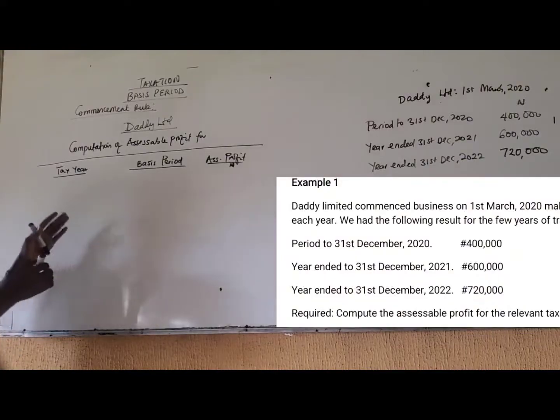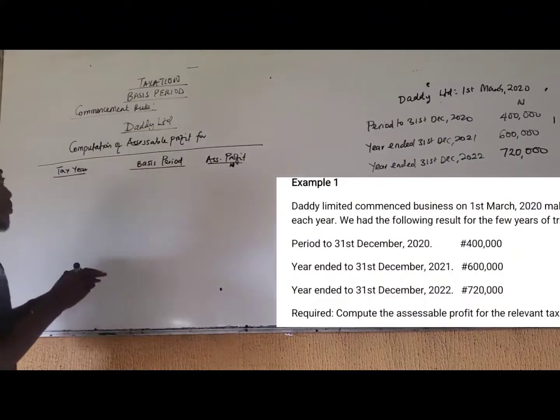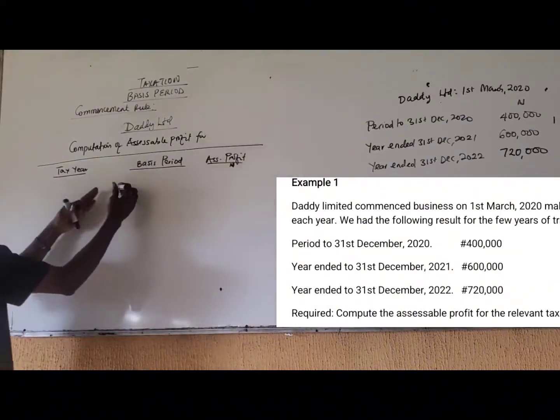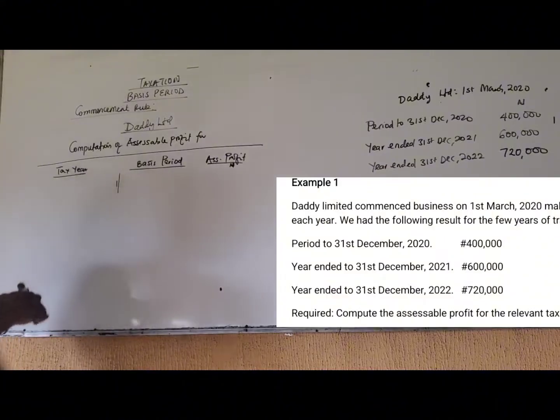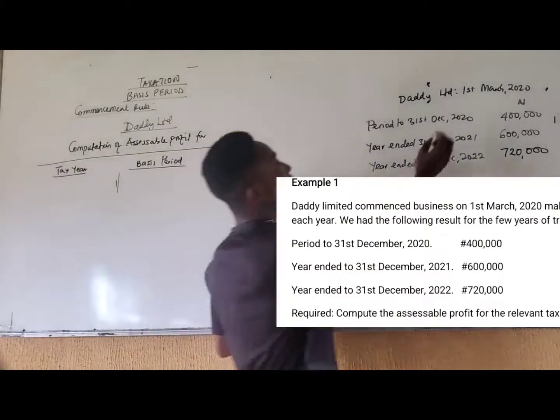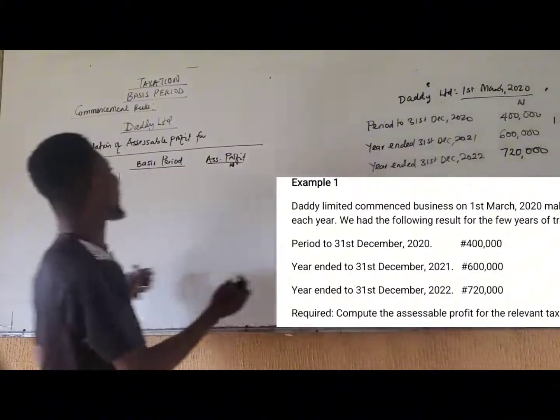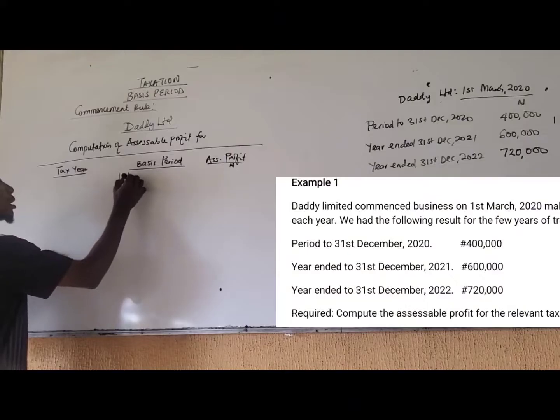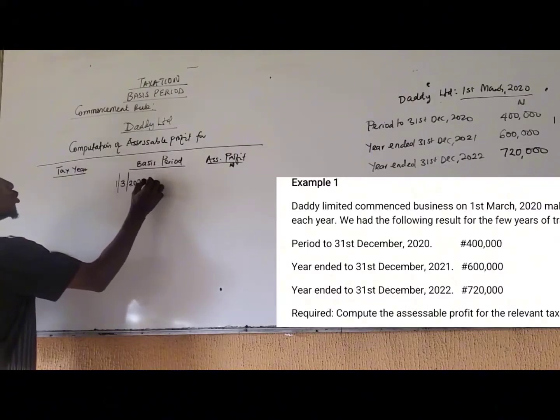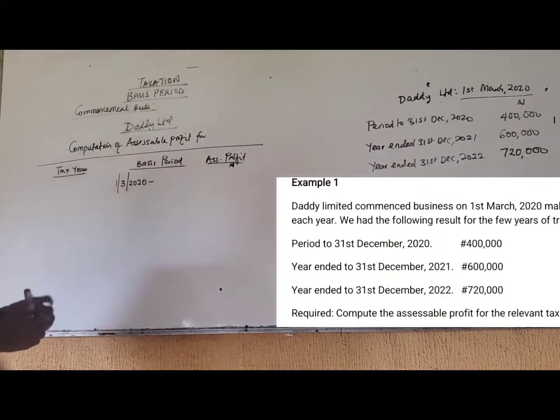So when solving commencement, you start from the basis period. It's strictly on preceding year basis. We assess the business from the date of commencement to the first year end. So the date of commencement is 1st of March 2020. That's when they commenced business.